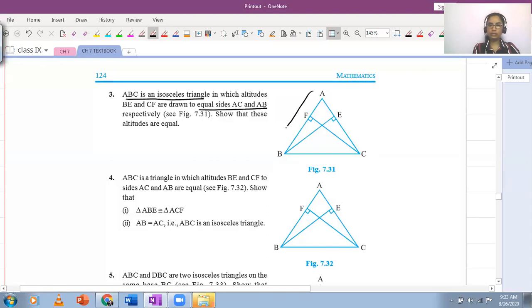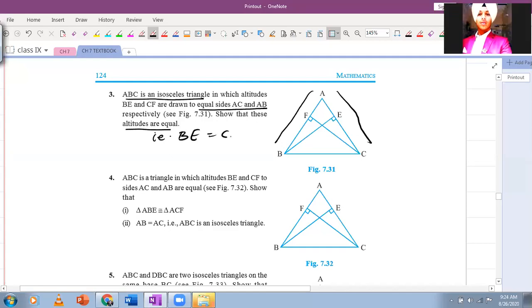So complete side AB is equal to complete side AC. After this, they are saying altitudes BE and CF are drawn. So there is a perpendicular BE, it is perpendicular to this side AC. And another perpendicular CF, it is perpendicular to AB. You have to prove that these altitudes are equal.